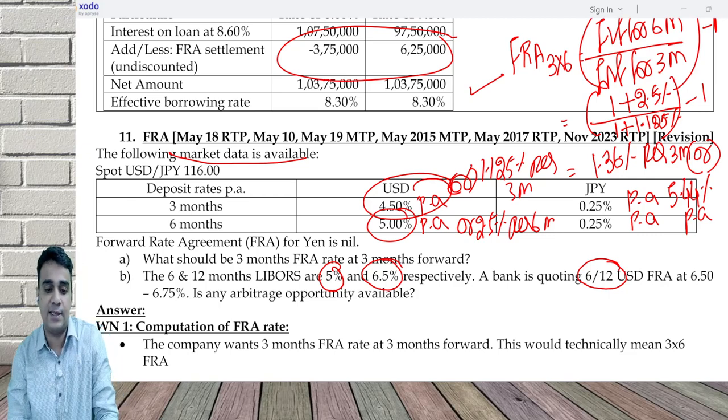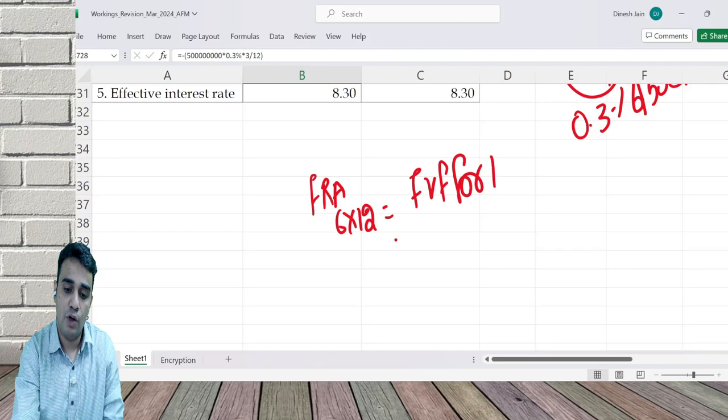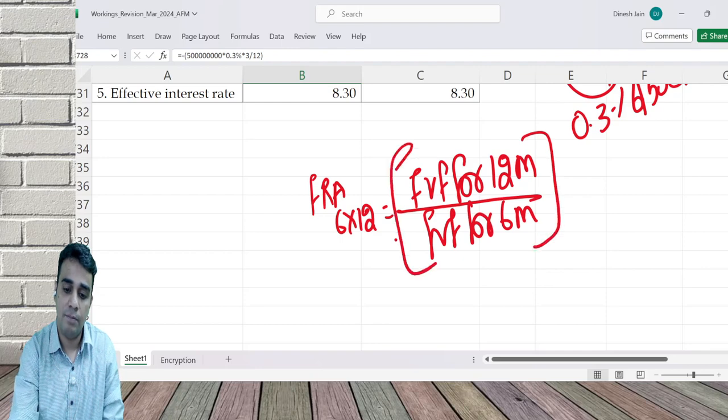Now, FRA 6/12 is equal to, what's the formula? Future value factor for 12 months divided by that for 6 month, minus 1.